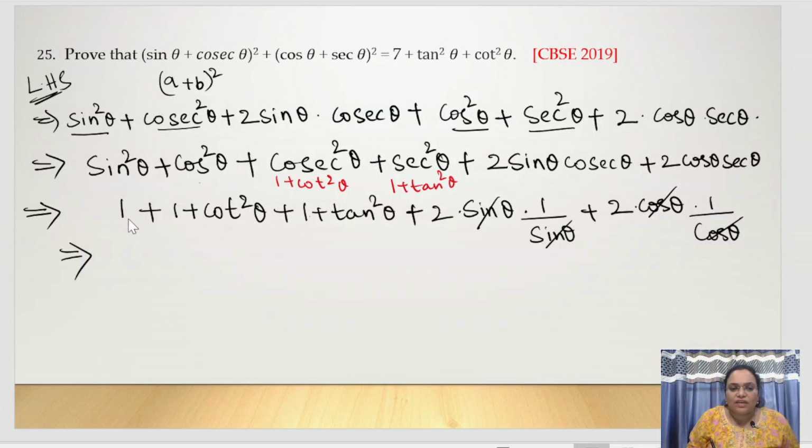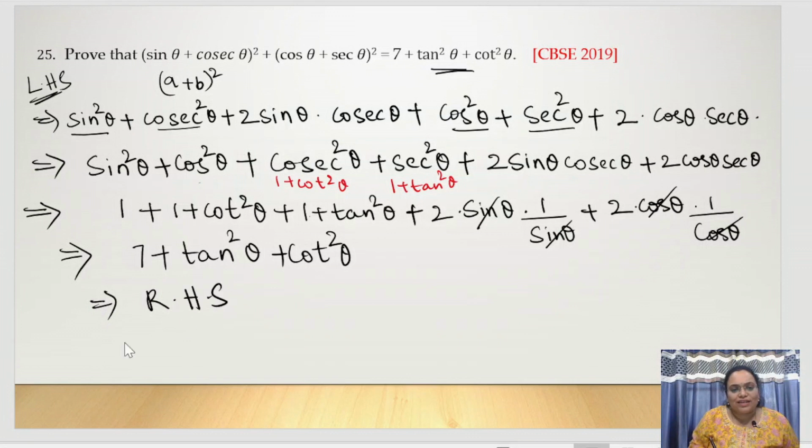So you will have, see here, 1, 2, 3, 4, 5, 6, 7, which is 7 plus tan square theta plus cot square theta. So this is what we need to prove in the RHS, right? This is our RHS. Therefore, proved.